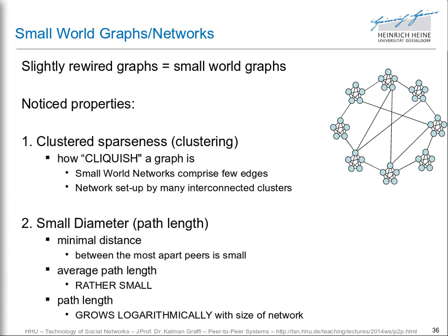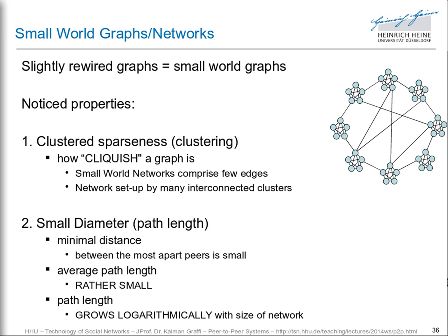Which characteristics do those small world graphs have? First of all, they are somehow clustered, like you see on this picture on the right here. We have this cliquish graph.